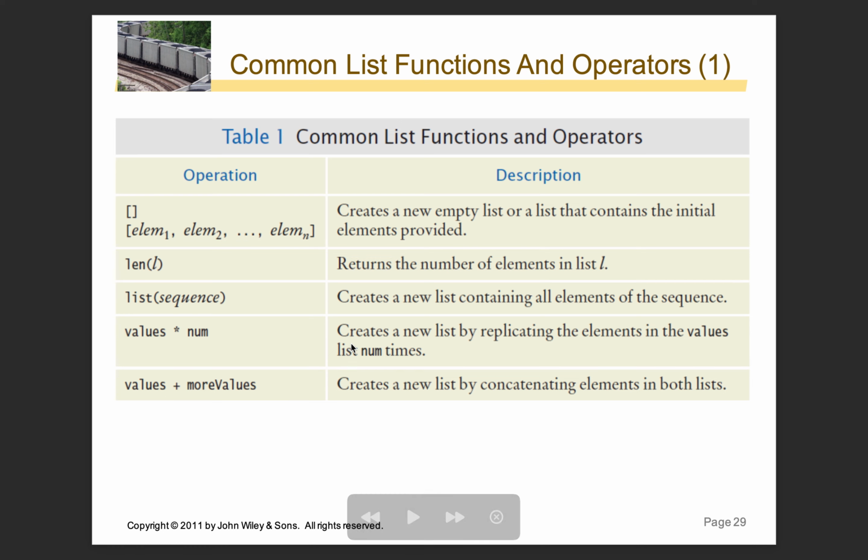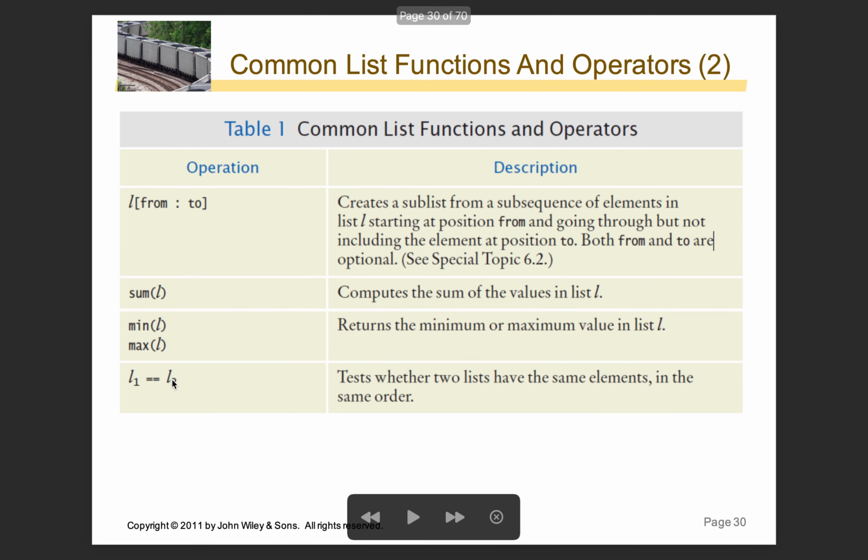So if you had a list with 2 elements in it, you could repeat that list 3 times if you wanted to, a brand new list, with the original list repeated 3 times. values + more_values is concatenating lists, so creating a new list by concatenating elements in both lists together.